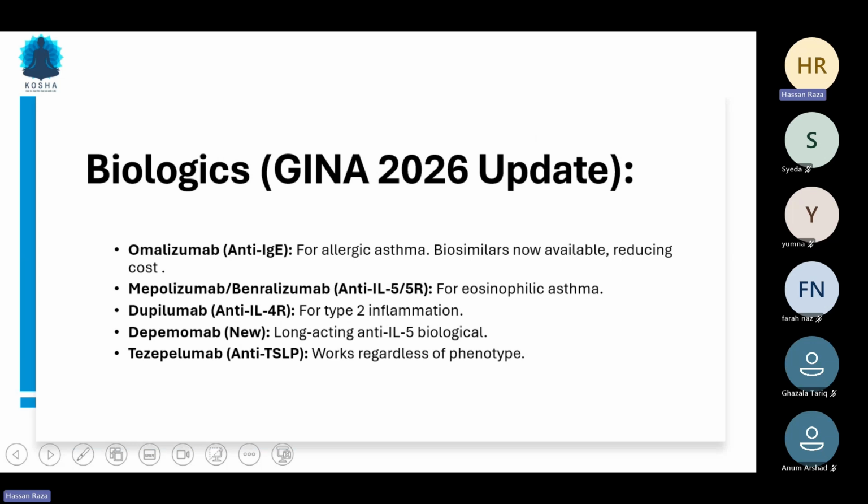Then the GINA guidelines also include some biologics, and they are very costly. We are not using them here. I don't know if some hospitals are using them, but GINA guidelines included biologics like omalizumab, mepolizumab, dupilumab, and tezepelumab, and have recommended their use.